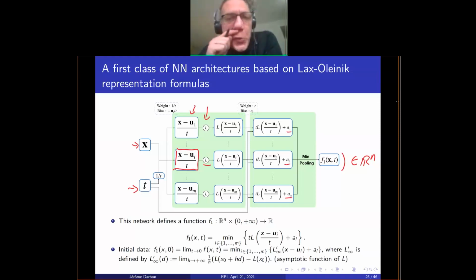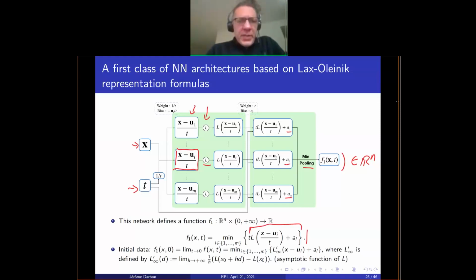So when you are implementing this neural network, mathematically, you are considering functions that can be written as the minimum over i, where i indexes the number of neurons in each layer, of the following quantities.